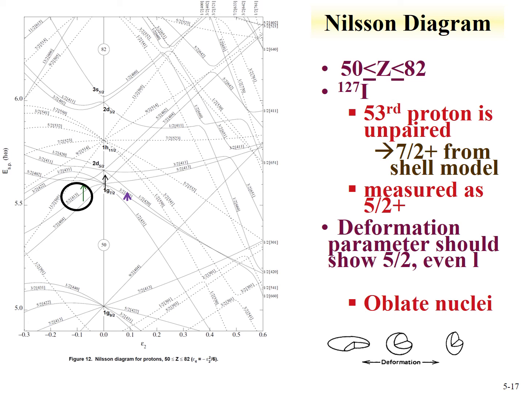Based upon this Nilsson diagram, we could say that the nuclear shape, if the spherical is here, oblate is a negative deformation parameter, prolate is a positive deformation parameter. The spin of 5/2 for the 53rd proton indicates that this nucleus is deformed with an oblate shape.